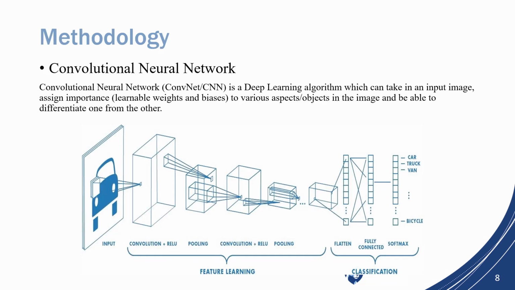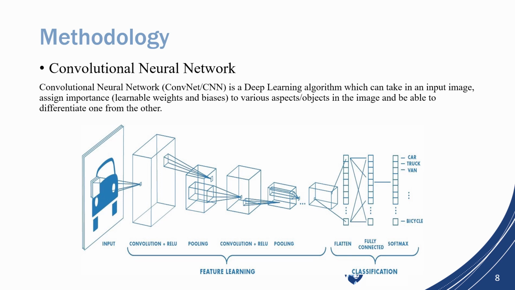Now we are moving to the methodology that we used. The first model that we use is the convolutional neural network. It is a deep learning algorithm which can take in an input image, assign importance to various aspects or objects in the image, and be able to differentiate one from the other. The preprocessing required in a ConvNet is much lower as compared to other classification algorithms.